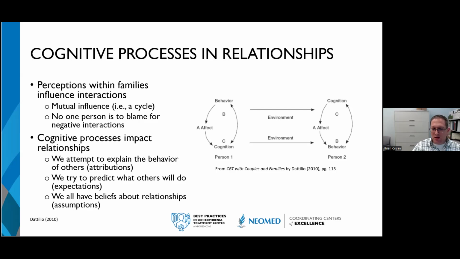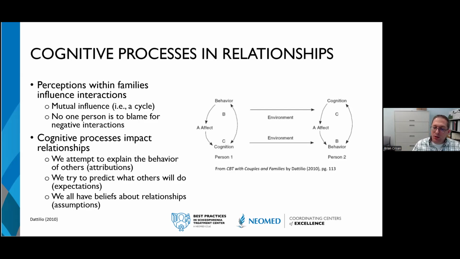Cognitive processes include attributions, expectations, and assumptions. These are the particular kinds of thoughts that emerge when people are in conflict and are having trouble in their relationships. So, attributions are just our explanations for why other people do what they do. Expectations have more of a component of looking into the future. They are predictions about what our family members will do next.